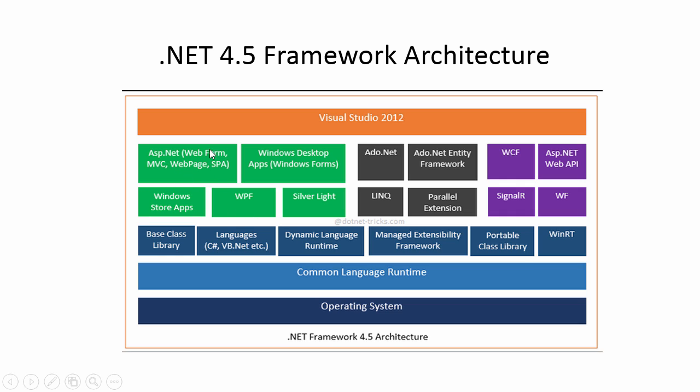ASP.NET web applications utilizing web forms. But other things inside of that area, you also have MVC, which is the Model View Controller, which is a different type of compilation within the .NET framework. You also have web pages and single page applications. And to kind of break down some of these pieces, we're going to be mainly focused here and utilizing Visual Studio. But let's break down a few of these pieces.